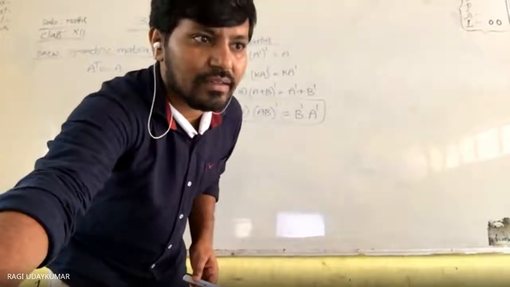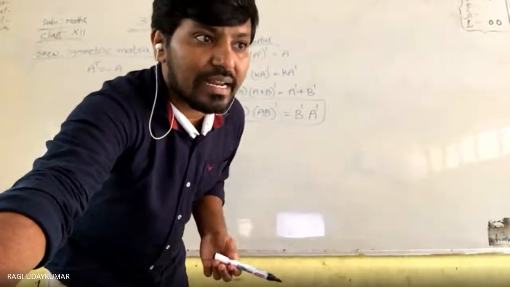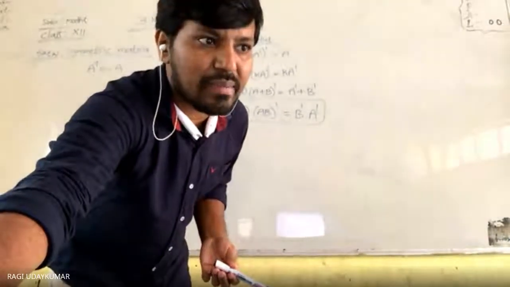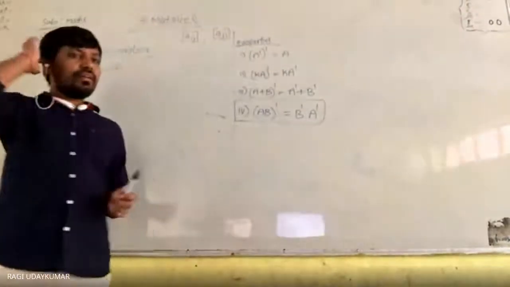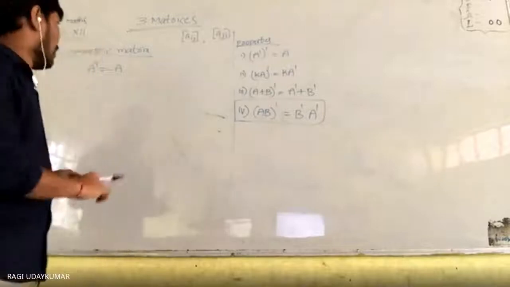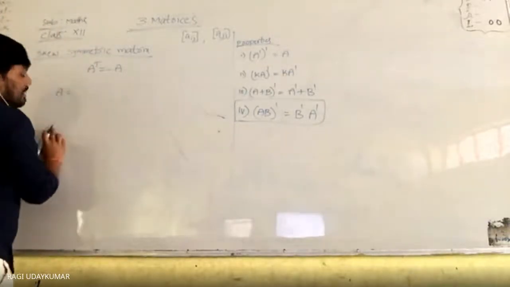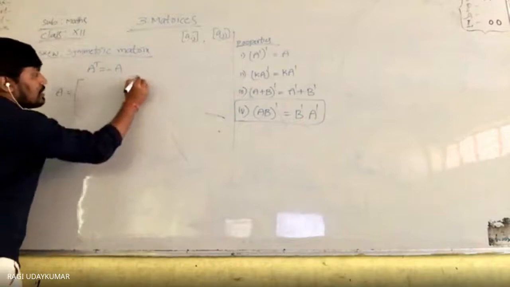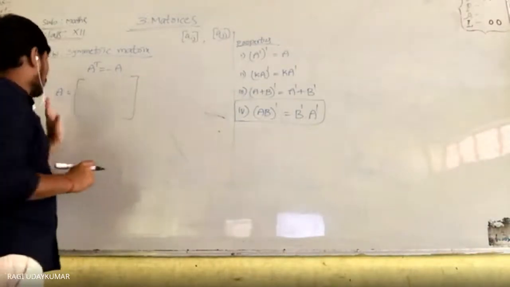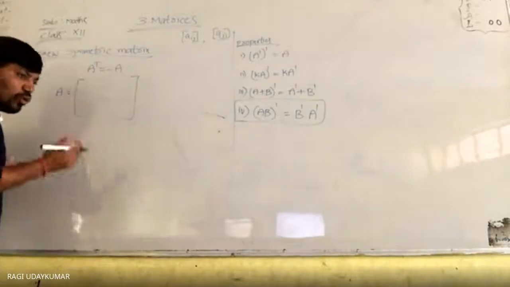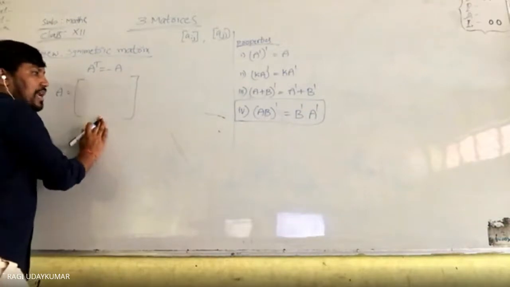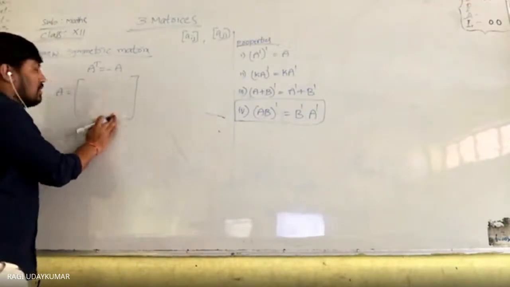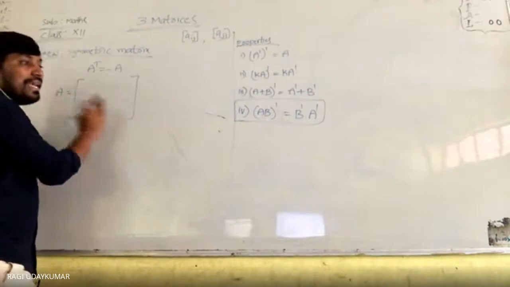Okay, is it clear? And I'll give an example of how we write a skew symmetric matrix. Let us see here. If A is any matrix, let us take this matrix. If you want to give an example of a skew symmetric matrix, it means that when you do the transpose of this matrix and when you multiply this matrix by minus, the two should be equal.